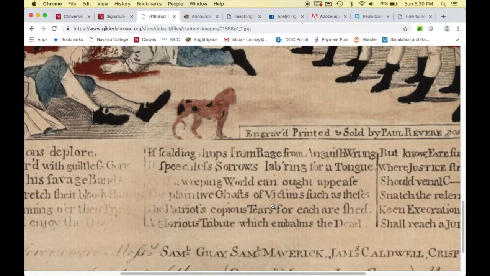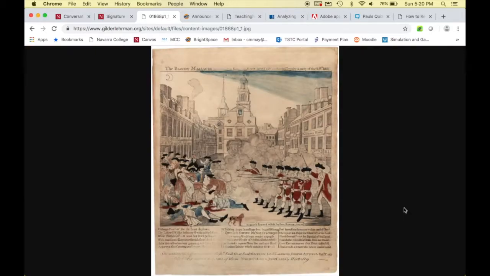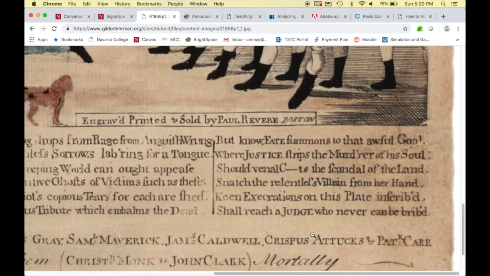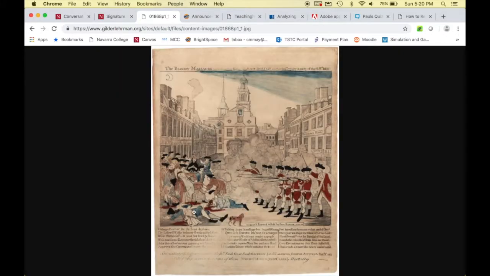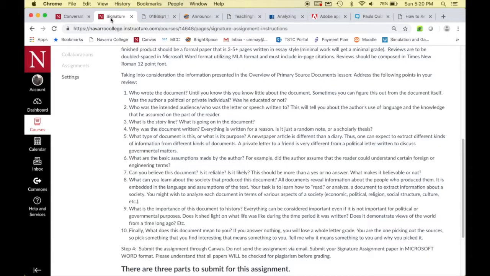He describes the patriots as having copious tears shed for each one, meaning each person who was killed. And so we see here a real effort to condemn the soldiers and to hold up the colonists. And see, there's really some convincing going on there.